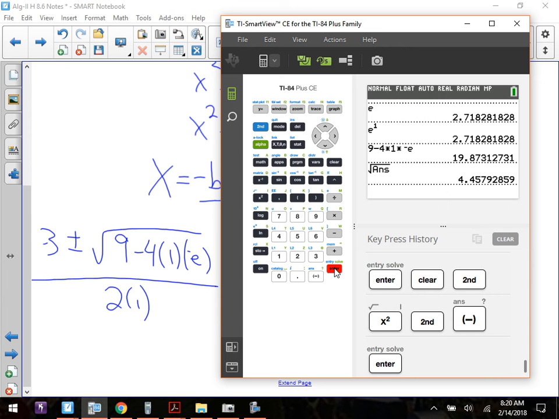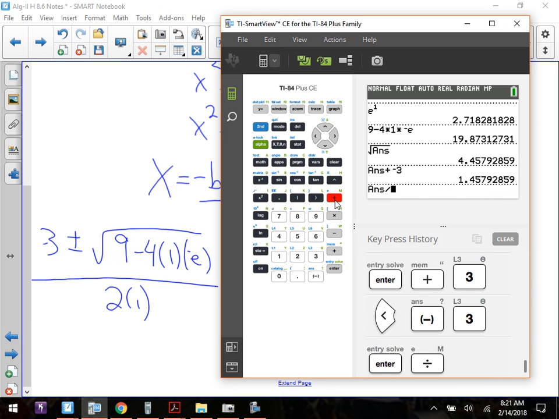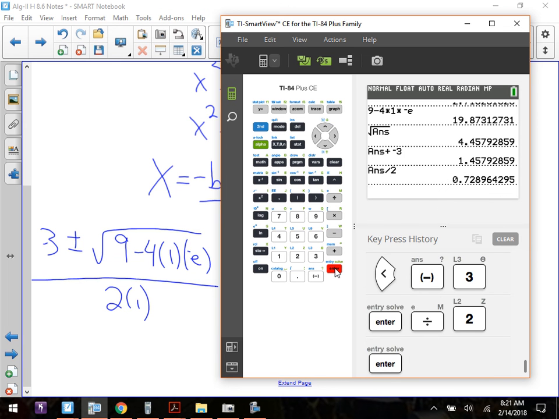So that's the square root of it. Okay? So it's going to be negative 3 plus or minus 4.46 over 2. So here's what we do. We add 3 to it. Oh, sorry, add negative 3 to it. Divide it by 2.